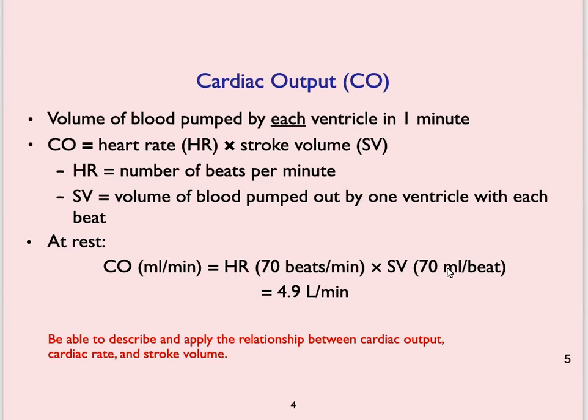This is the volume ejected by your heart for every heartbeat, and then you multiply that by however many beats your heart is able to pump per minute. That gives you the amount of blood ejected by your heart in that 1 minute. So this is a measure of how effectively your heart is able to eject blood in 1 minute.